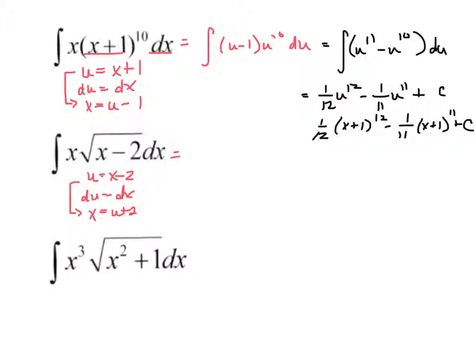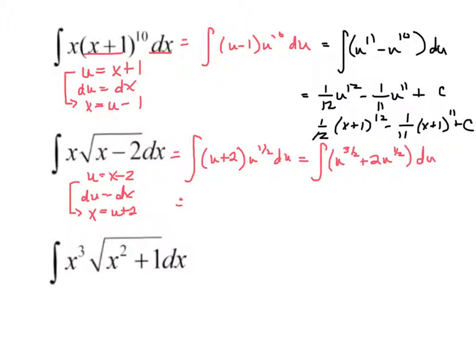So let me rewrite. The integral would be u plus 2. Now, of course, the square root's the same as 1/2 power, so it becomes u to the 1/2 du. Well, multiply that u to the 1/2, and I have u to the 3/2 plus 2u to the 1/2 du.